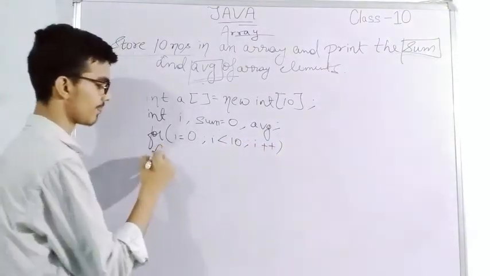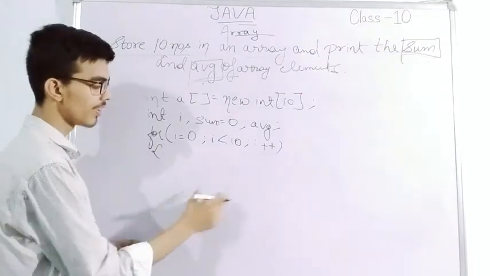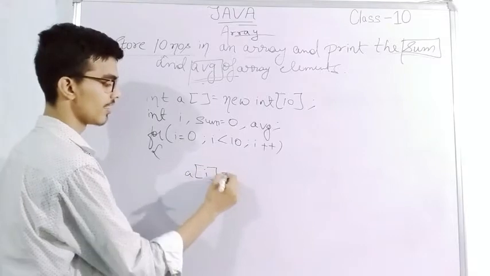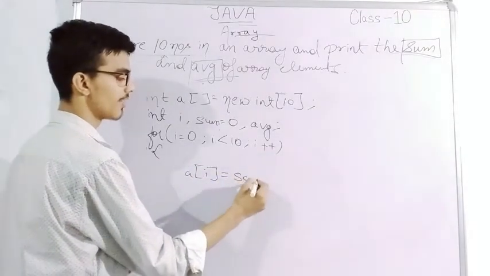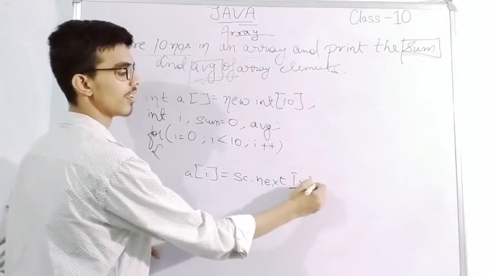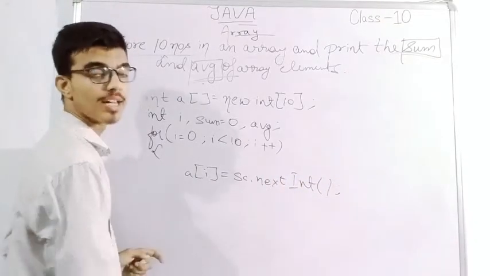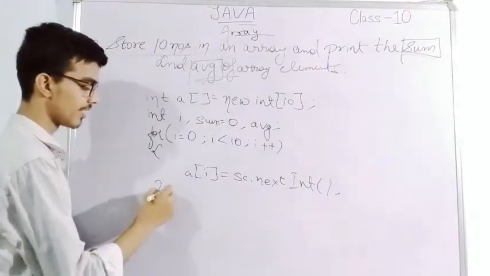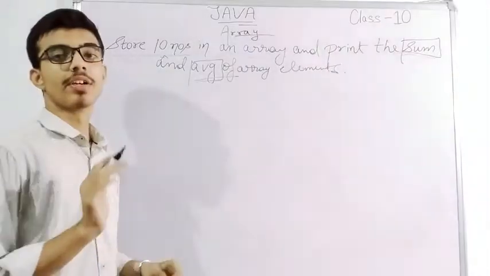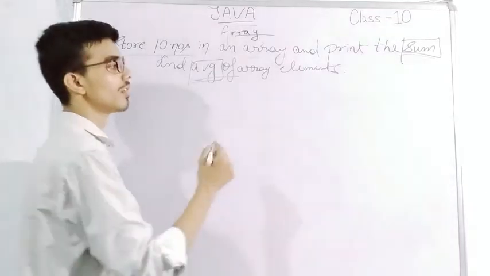And what will we do? We will write a[i] = sc.nextInt(). This will close the loop.